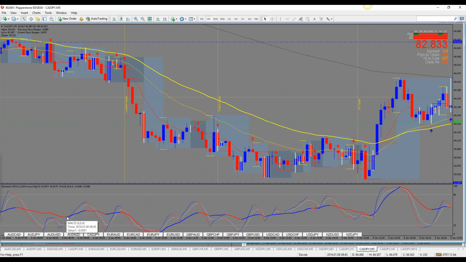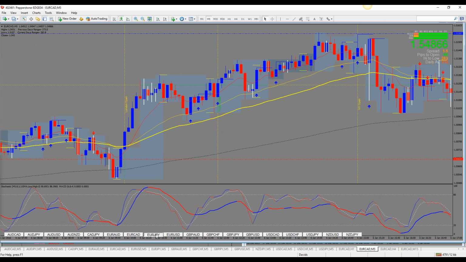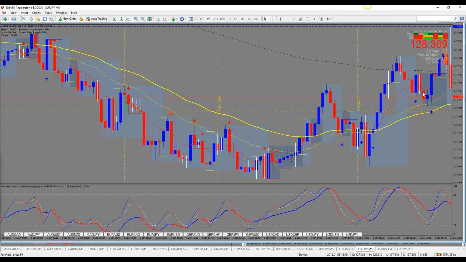I have 6 monitors here, but you can do this on 1 monitor, 2 monitors, doesn't matter. So, everything is upside down.